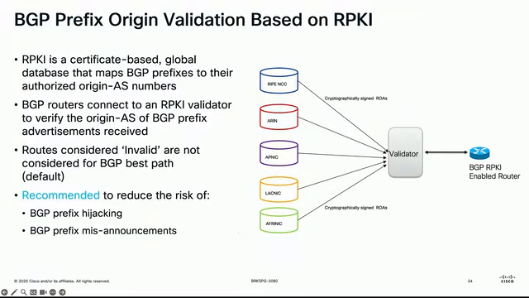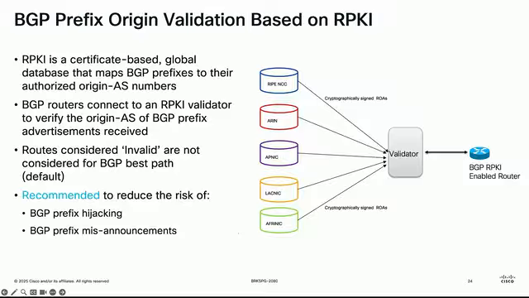Another best practice is BGP prefix origin validation based on RPKI. RPKI is a certificate-based global database which is pushed by the regional internet registries, RIPE, LACNIC, APNIC, AFRINIC, and so on.